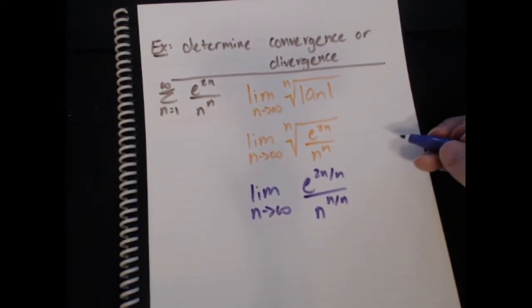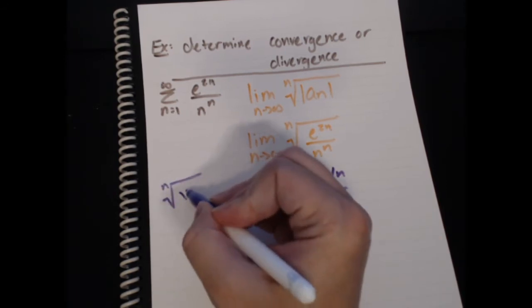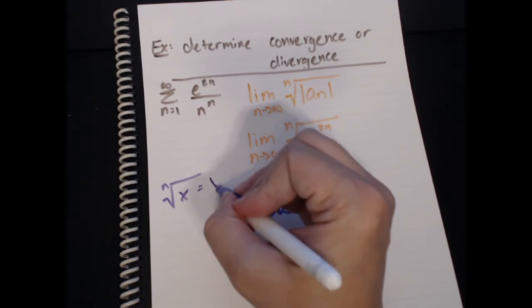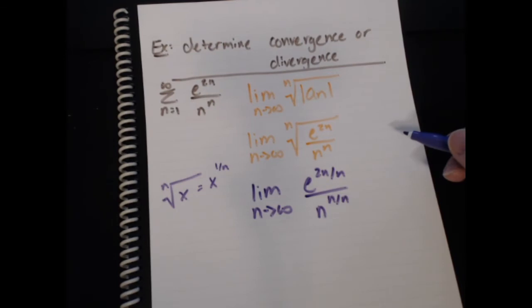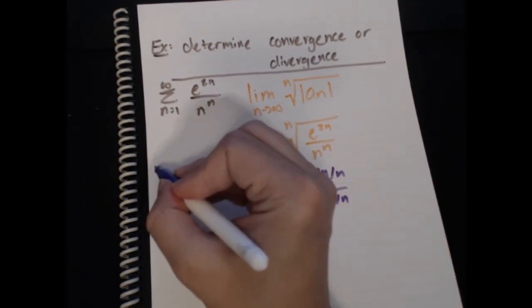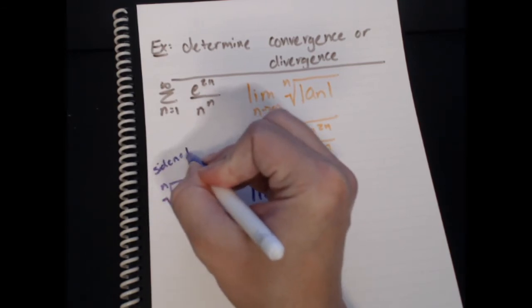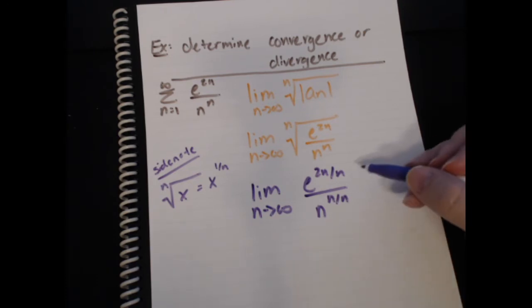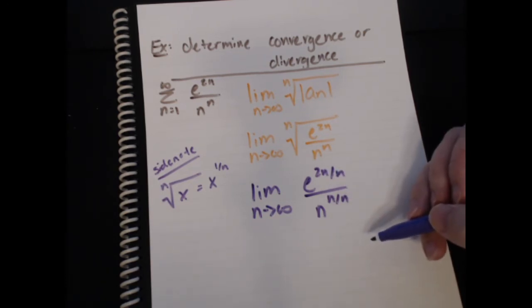Because the way a radical works, if we think about the nth root of x, that's the same thing as x to the 1 over n. So all I'm doing is dividing those powers by n. Are we okay with that part?